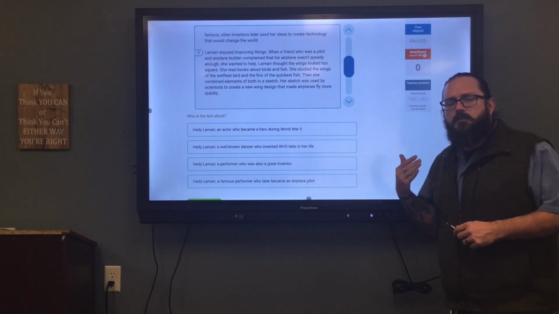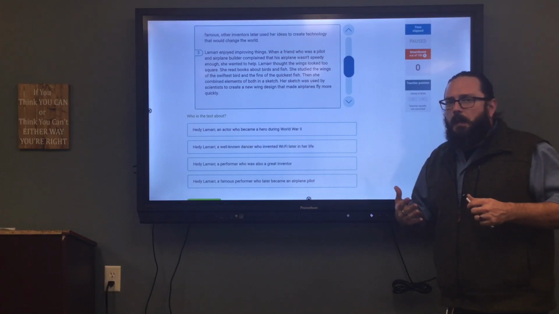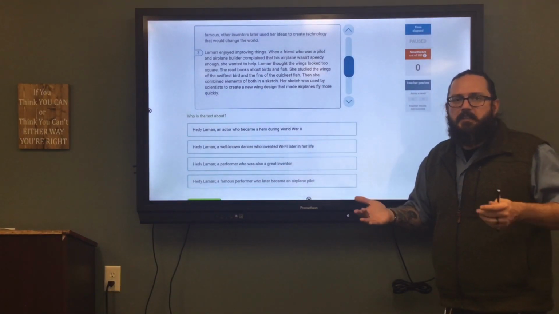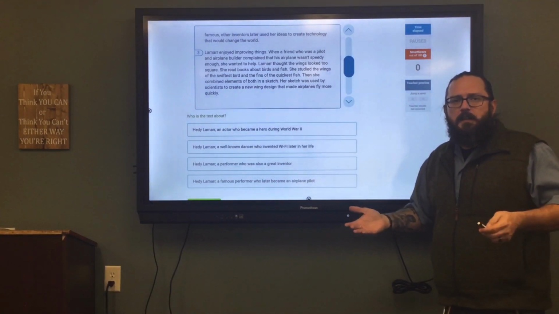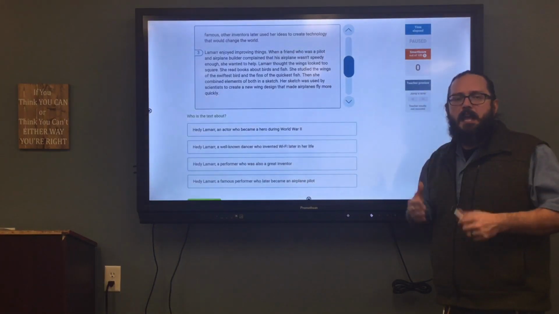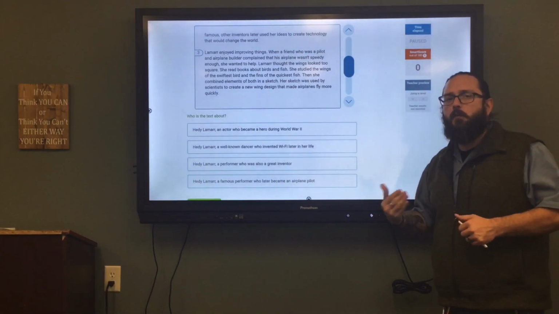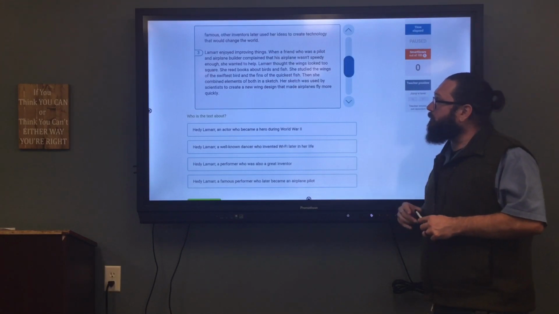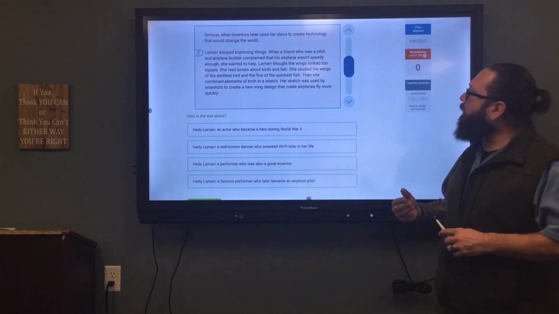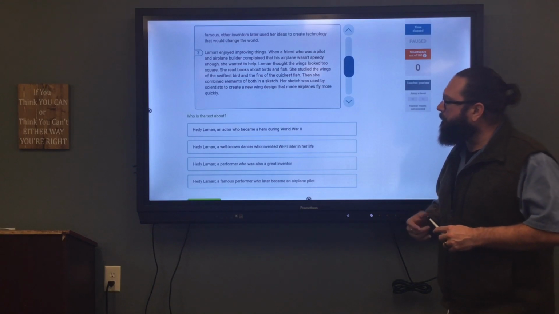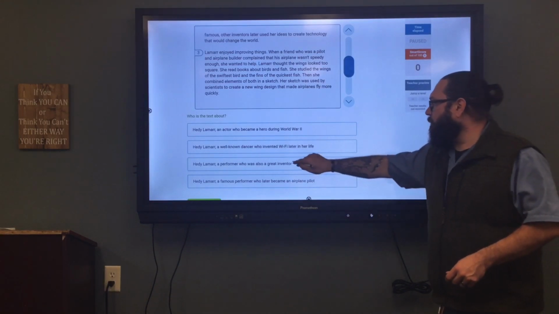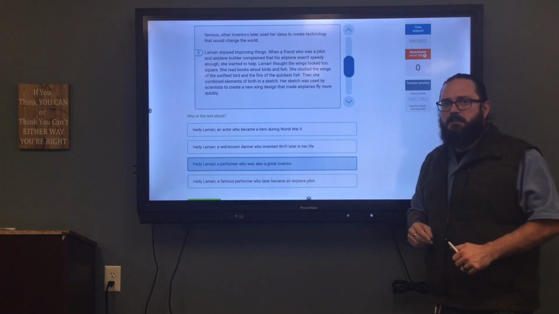This paragraph just talks about her improving the design of an airplane's wings by studying birds and fish to come up with an idea to help an airplane fly more quickly. So Lamarr, at least according to this passage, never became a pilot herself. With us ruling out option 4, we now know that option 3 is the correct answer.